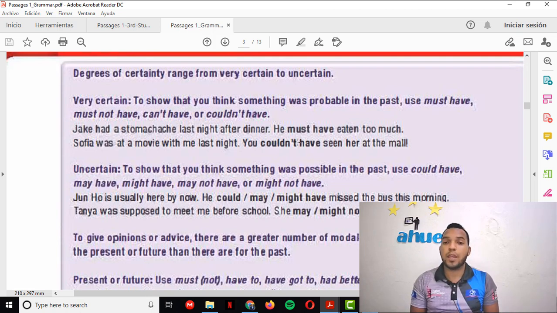So here, you know what the usage of must or could is, okay? Which is the past of can. All right, but as we are talking here in the past, this is a great example, the one that they gave with Sophia.